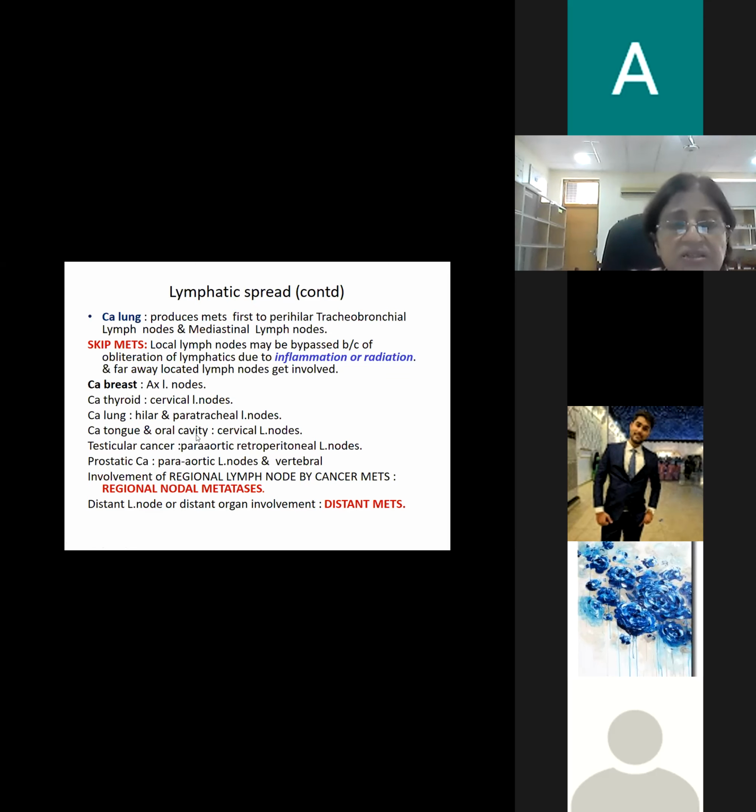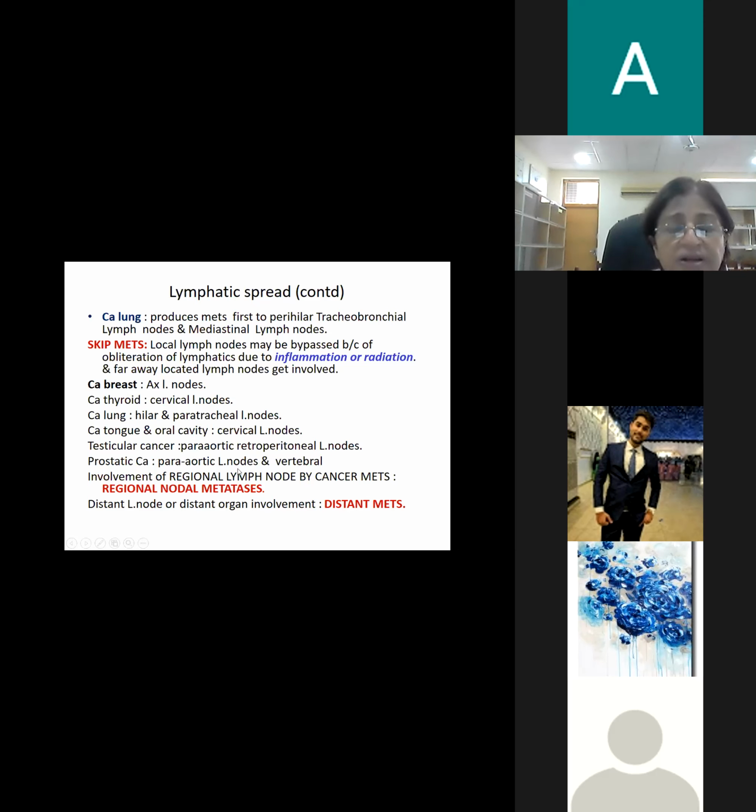Testicular cancer is going to spread to the para-aortic retroperitoneal lymph nodes. Prostatic cancer is also going to spread to the para-aortic nodes and to the vertebral bodies, going into the bones of our vertebrae.